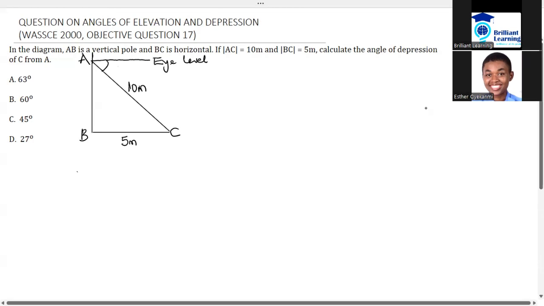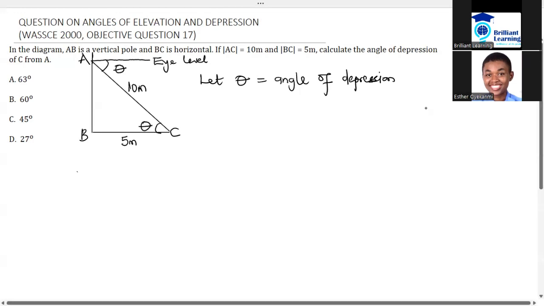So let's say it is theta, okay? So let theta be the angle of depression. You can name it any way you like. You can say theta, you can say alpha, but theta is usually the common angle used. Now, if this is theta, by virtue of alternate angles, this automatically will also be theta.